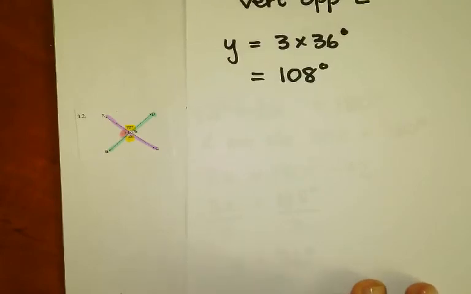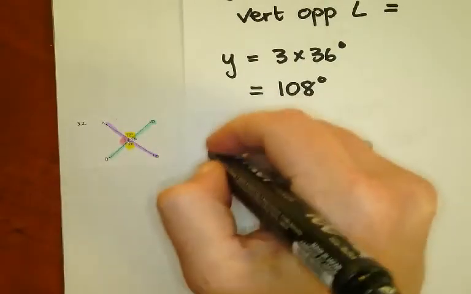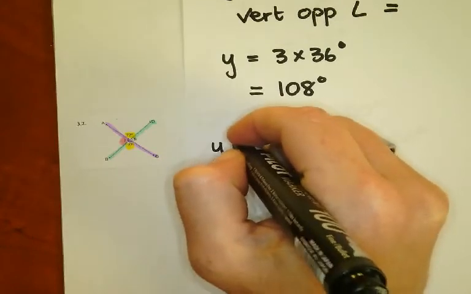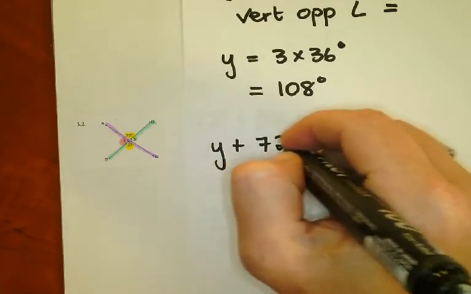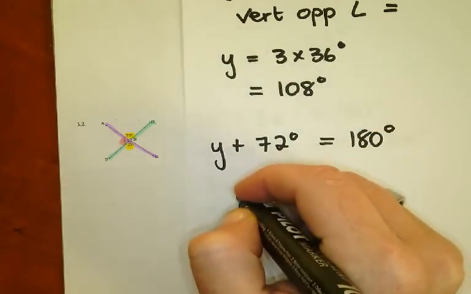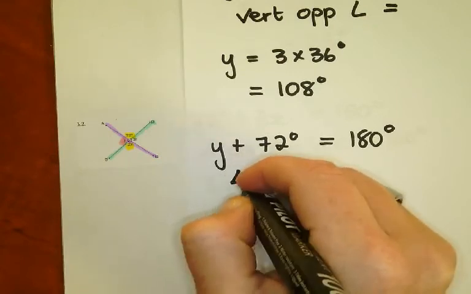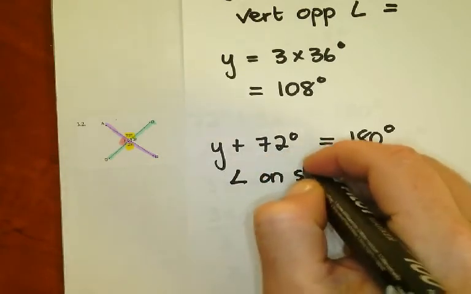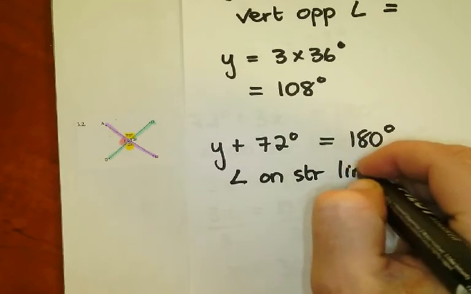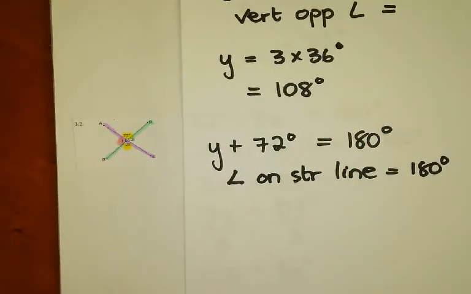Right, let's look at the next option. So we've done the vertically opposite. Let's do the line BD. So I can say y plus 72 degrees equals 180 degrees. My reason is that angles on a straight line equal to 180 degrees.